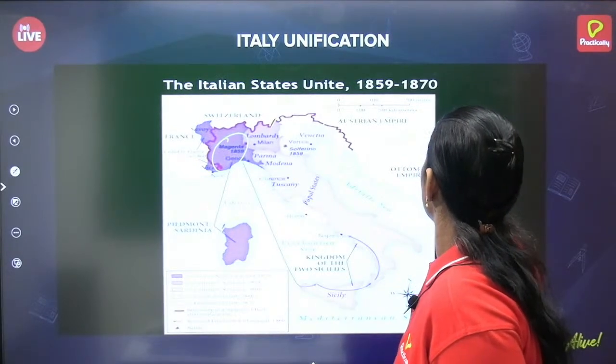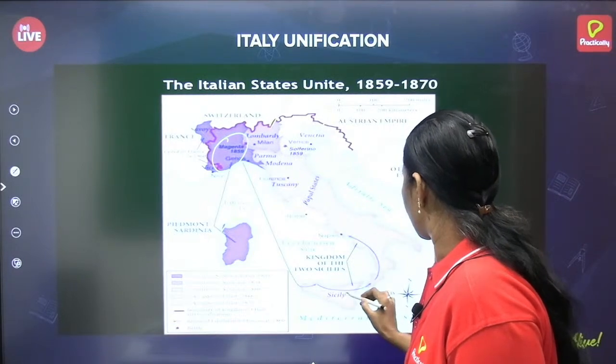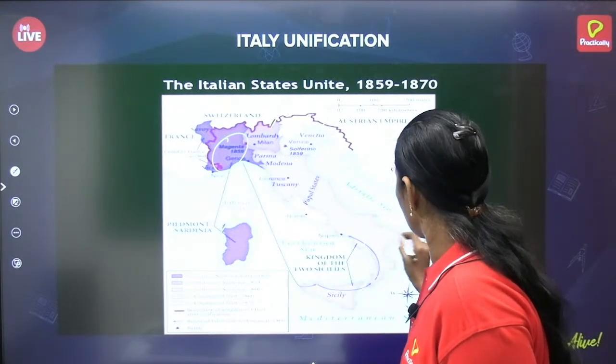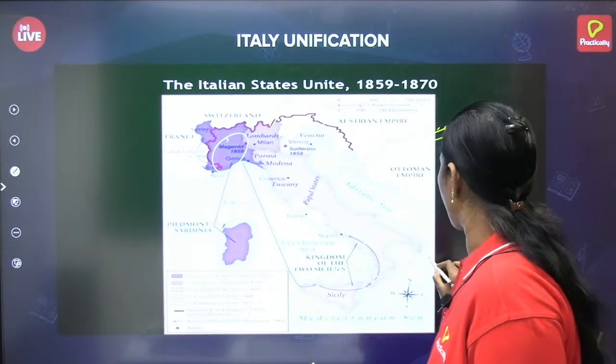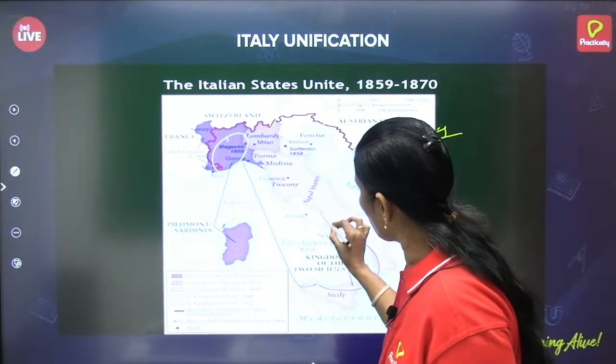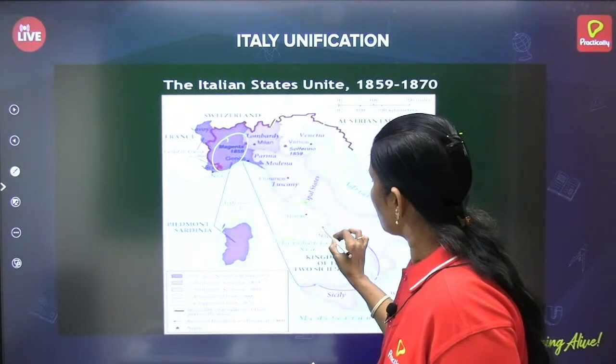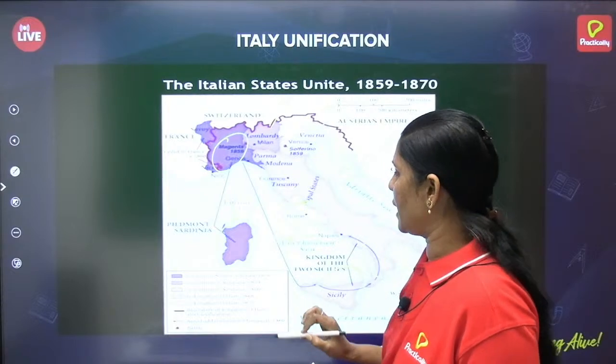We call them client kings, under their control. And the two Sicilies were under Spanish control. And there was a city called Rome, which was under French control. So like this were Italy's conditions.